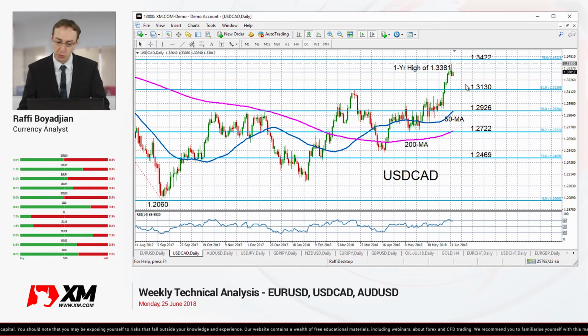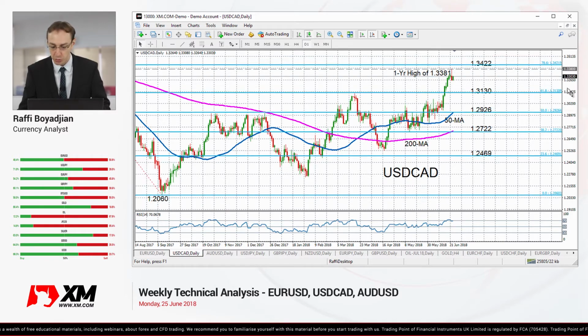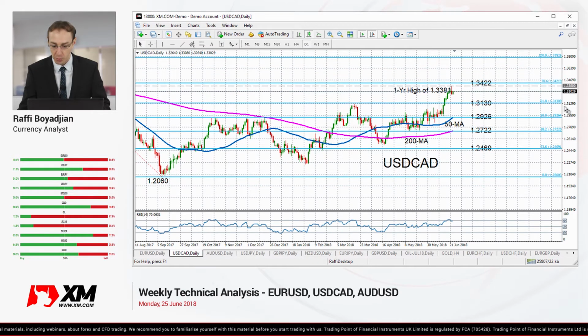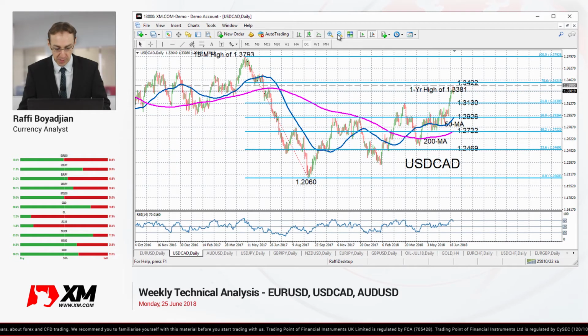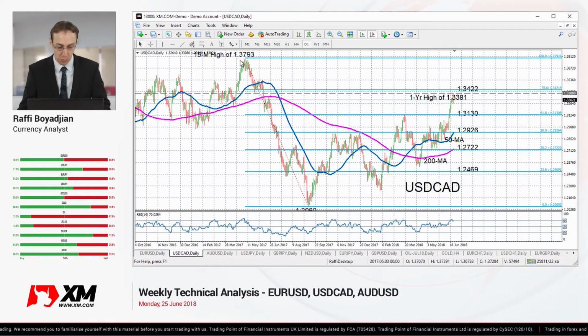If prices do manage to break above that level, we could then see the next resistance coming from the 78.6% Fibonacci retracement at around 1.3422, and clearing that level would open the way towards the 15 months high 1.3793, just below the 1.38 level, all the way from back in March 2017.